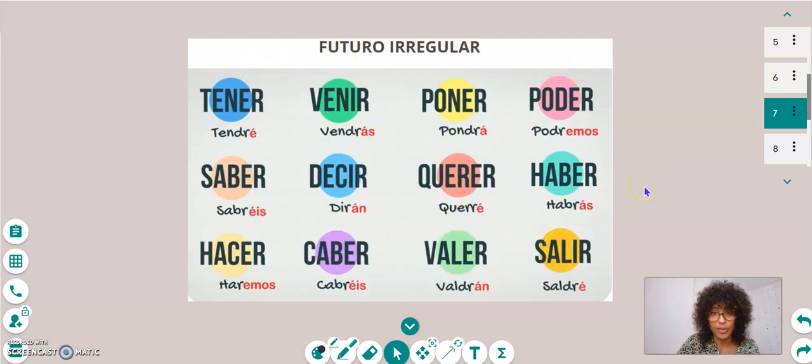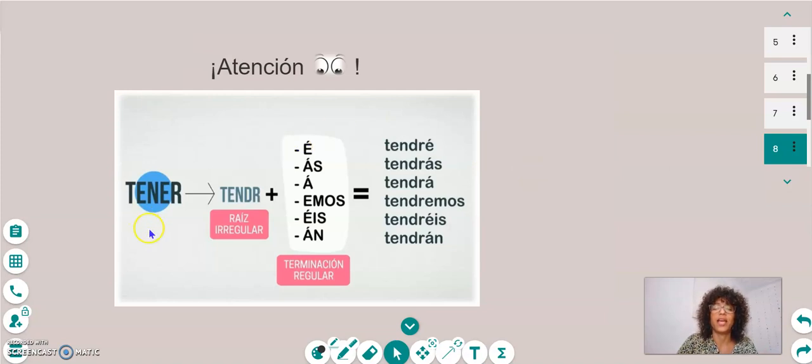So they get happy. After making sure that they know the meaning of every single one of these 12 verbs, then I explain how we can build this irregular conjugation.